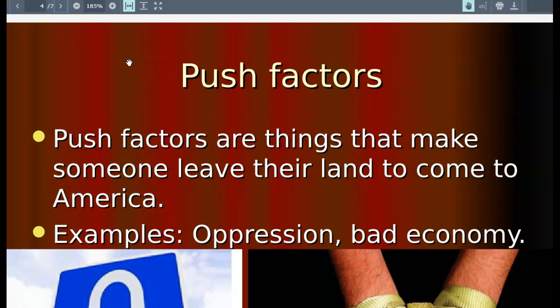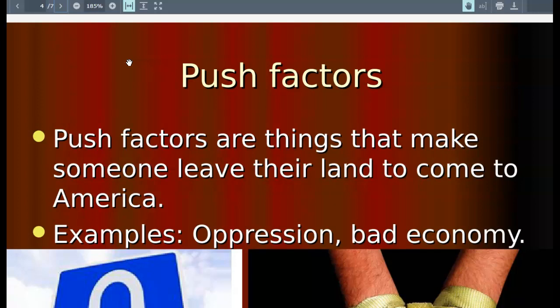So some of the push factors, which meant these things were pushing people out of their country. Some push factors are things that make someone leave their country to come to, in this case, America or the United States.